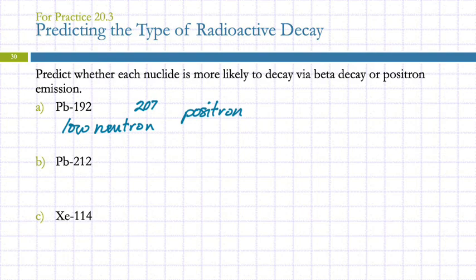Okay, so Pb-212, again, we're comparing this to the average atomic mass for lead, which is 207. So this one has more neutrons than average, right? So we need something that's going to reduce the number of neutrons, which would be the other choice, right? Beta decay.